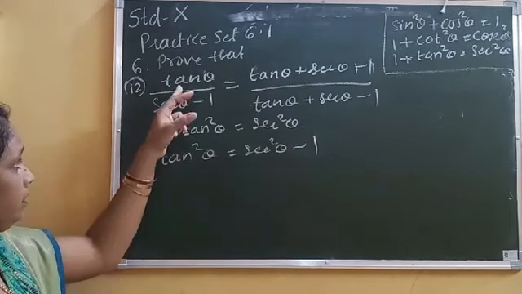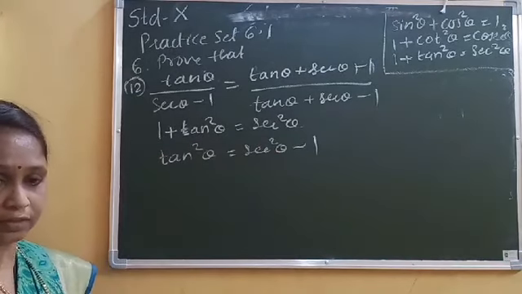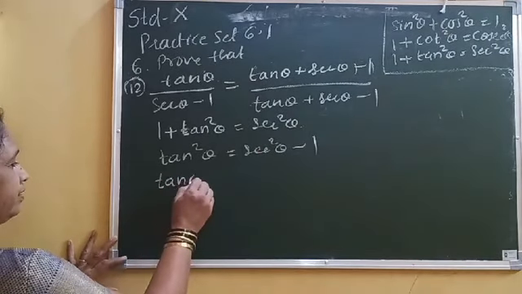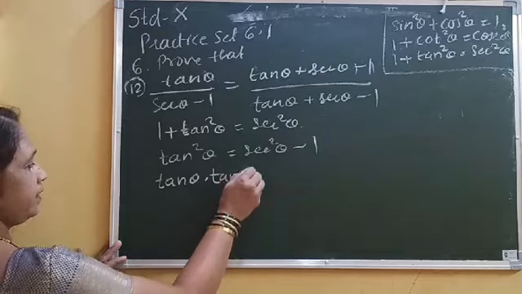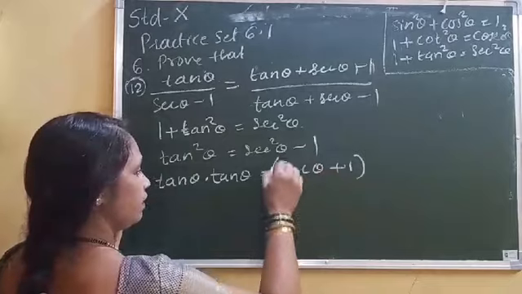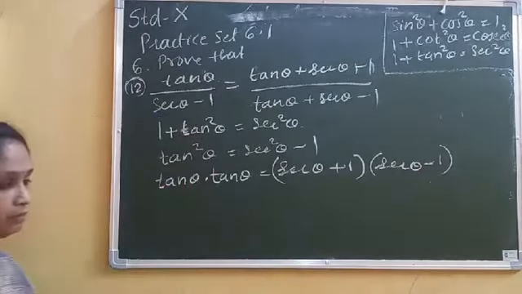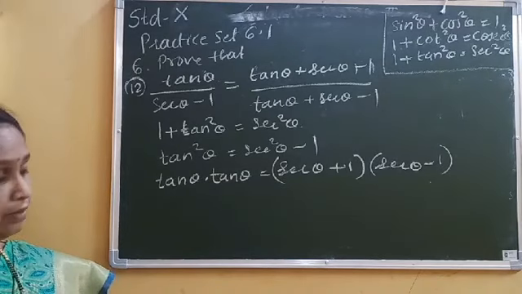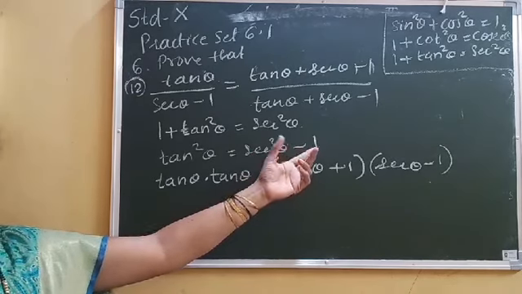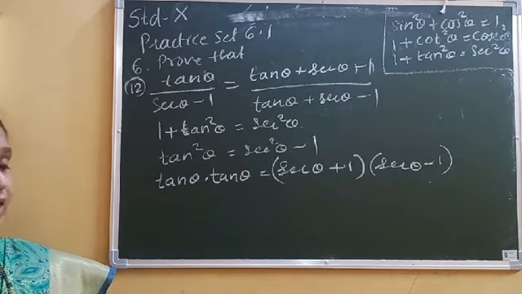Here we have tan theta, so I kept here tan square theta and took sec square minus 1 to the other side. So this we can write as tan theta into tan theta, and this we can write as sec theta plus 1 and sec theta minus 1. It is a square minus b square, means a plus b and a minus b.